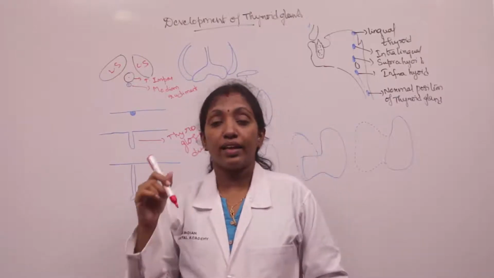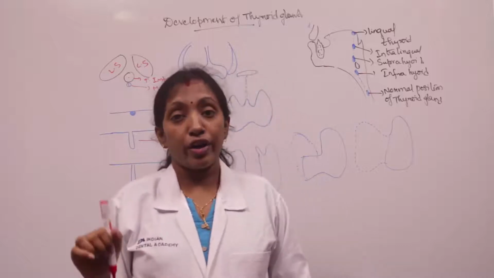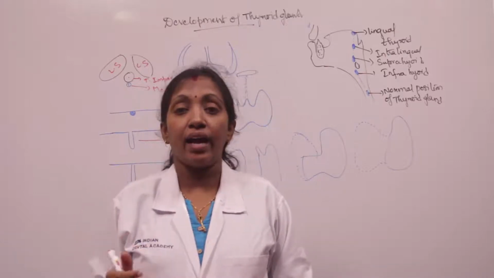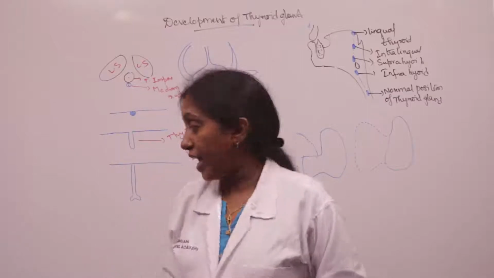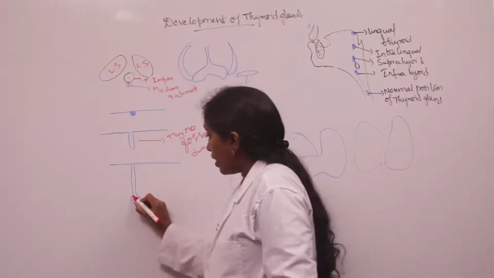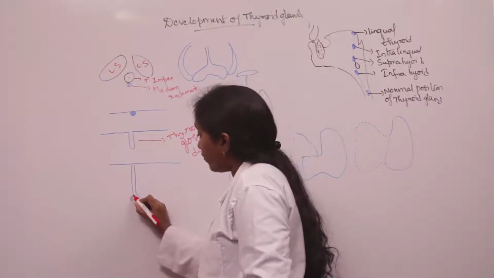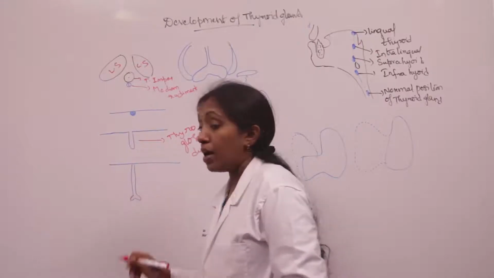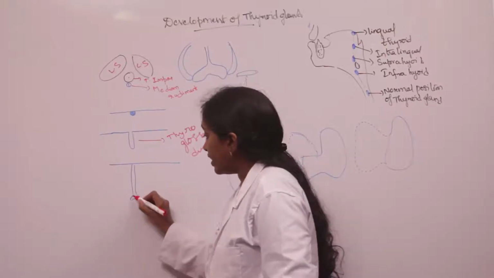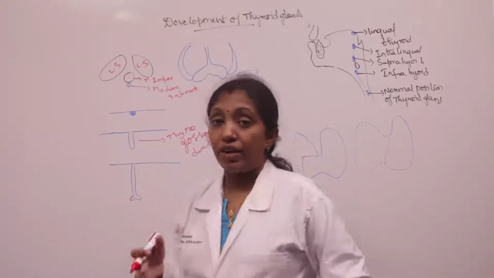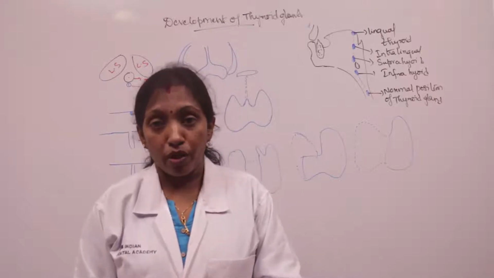This duct descends in front of or behind the hyoid bone, and finally in front of the trachea, where it bifurcates to form a bilobed mass. The buds further form the lateral lobes of the thyroid.